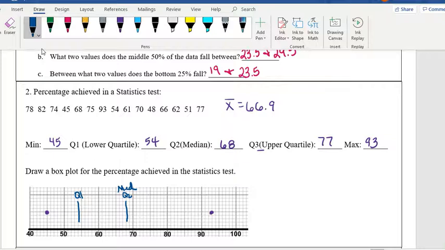Upper quartile is 77. Q3 is 77. I'm going to connect these. And I'm going to draw this.